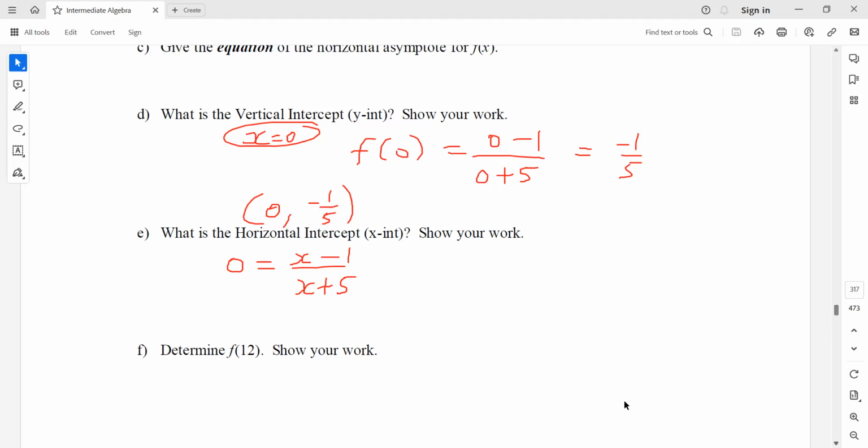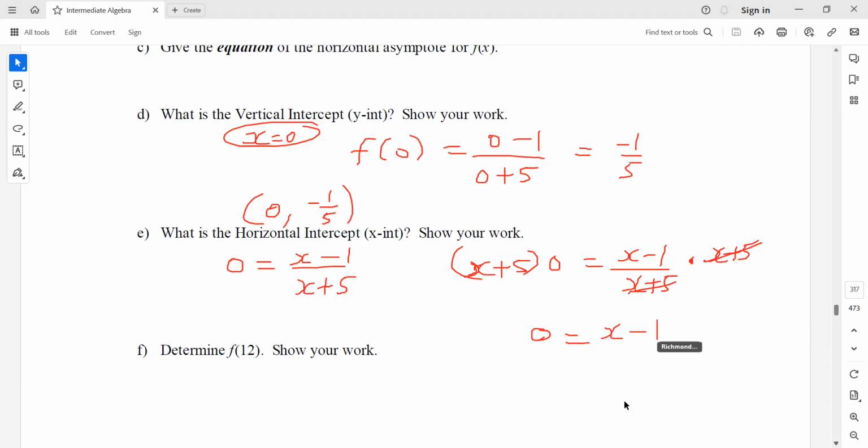If we multiply through by x plus 5, we're going to have x plus 5 times 0, which is 0, equals x minus 1 over x plus 5 times x plus 5. So you have 0 equals x minus 1. So x equals 1. So when x is 1, y is 0. And that's it.